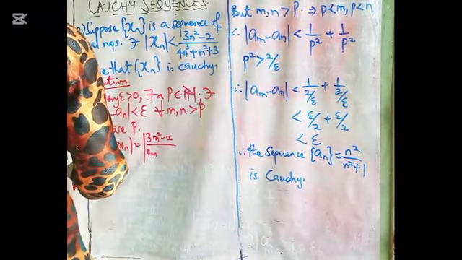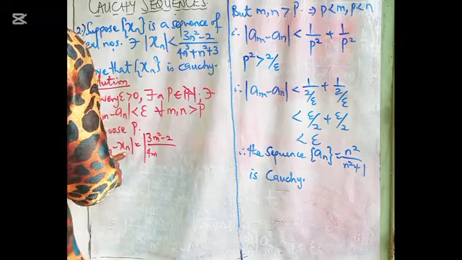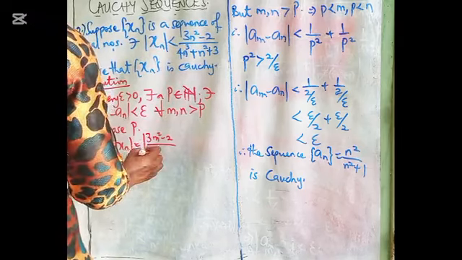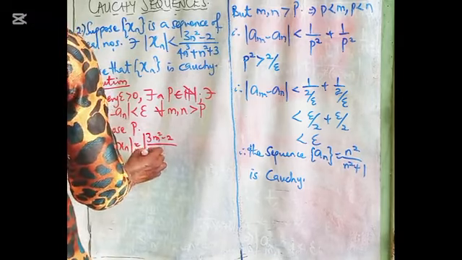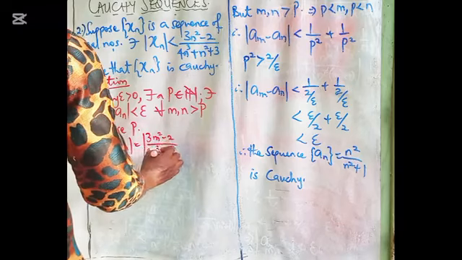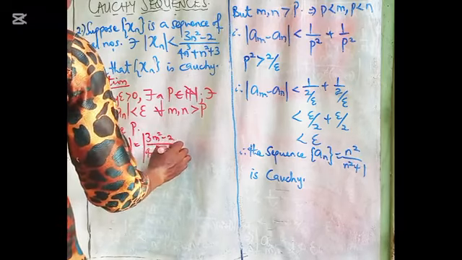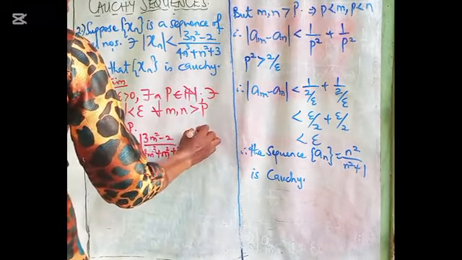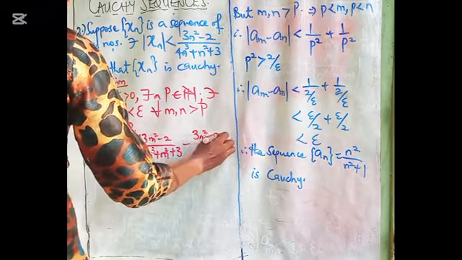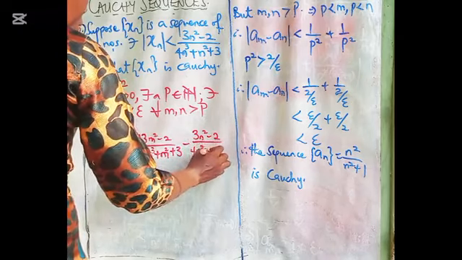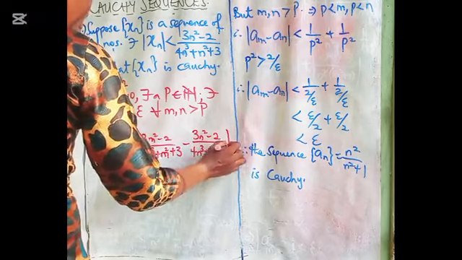We begin from x sub m minus x sub n, and if this is our x sub n, then our x sub m will be 3m squared minus 2 over 4m cubed plus m squared plus 3 minus 3n squared minus 2 over 4n cubed plus n squared plus 3.